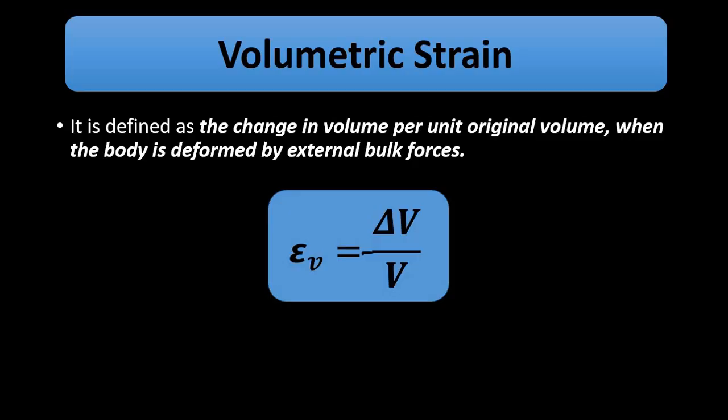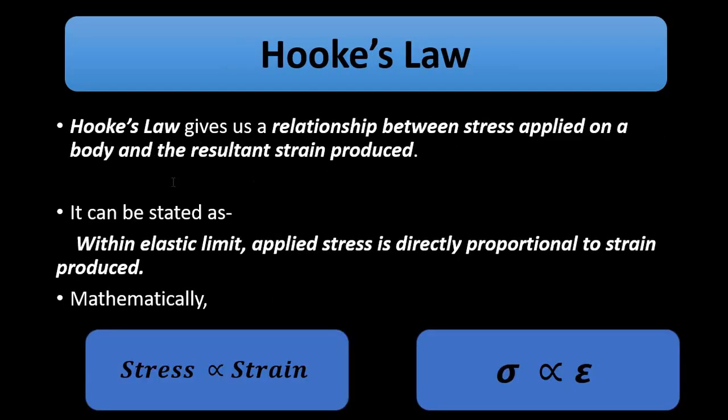Now here we'll apply Hooke's law to bulk modulus of elasticity, which establishes a relationship between volumetric strain and volumetric stress, bulk strain and bulk stress. Basically Hooke's law states that within elastic limit, stress is directly proportional to strain. That is, the strain produced in the material is directly proportional to the applied stress.